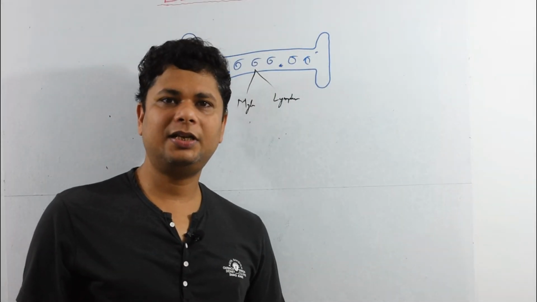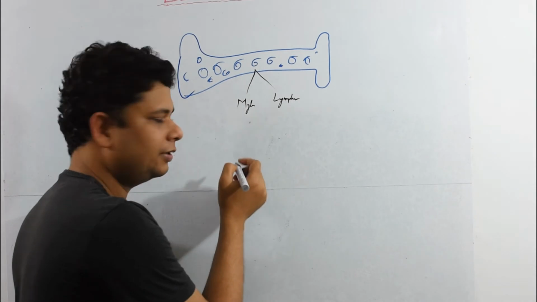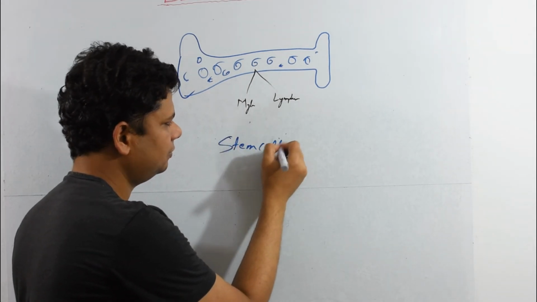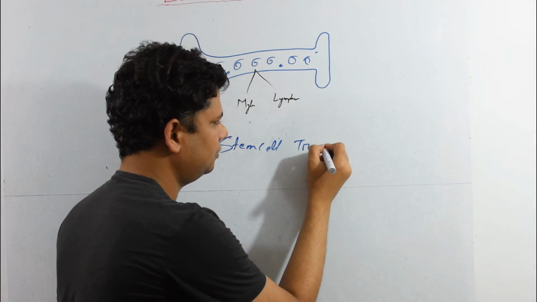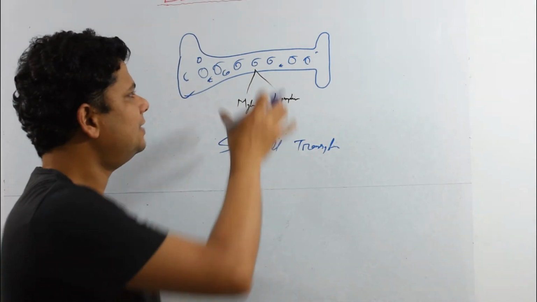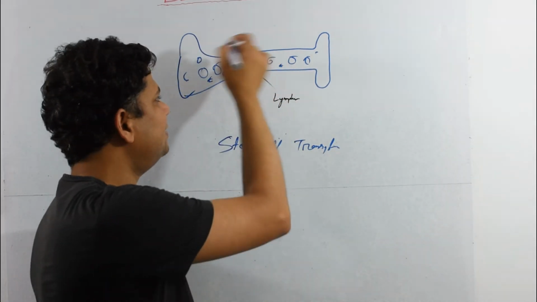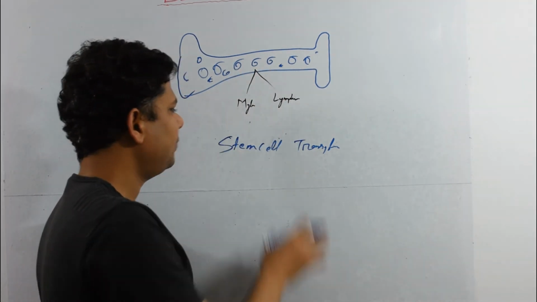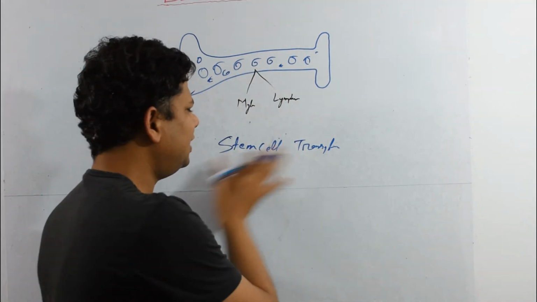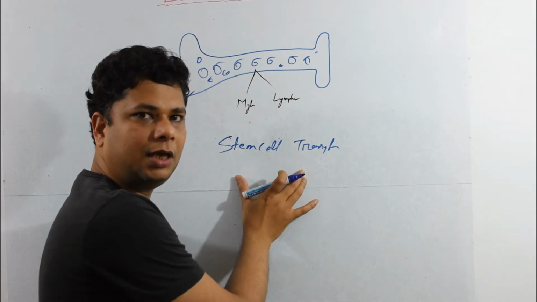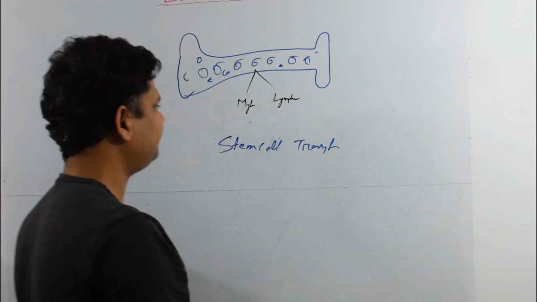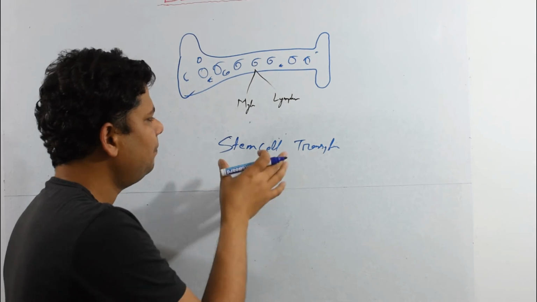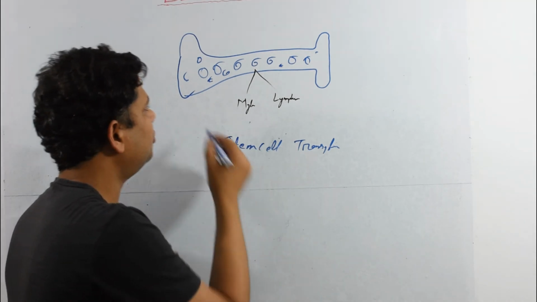Another treatment option is stem cell transplantation. Because leukemia happens to the blood stem cells, doctors usually keep this option for the last, because it is a little difficult, very tricky, and a little risky also.